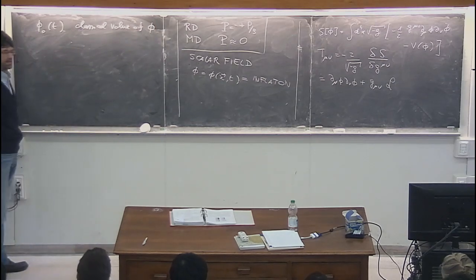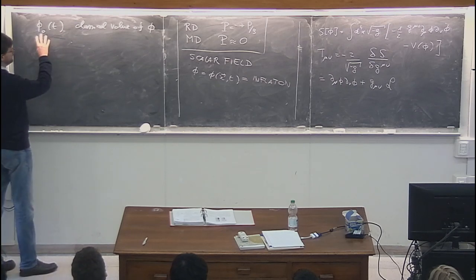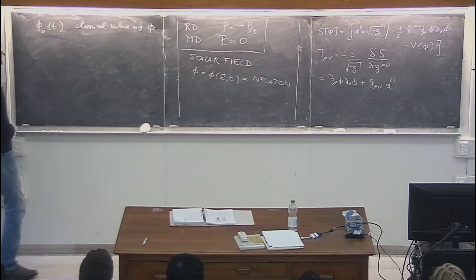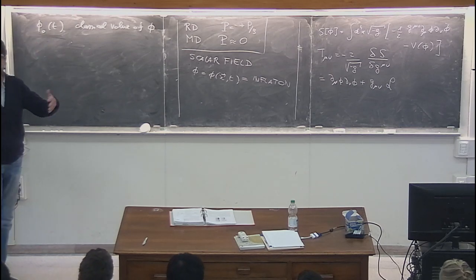If you don't like that, you can think of it as the average of the phi of x and t over some given volume. I'm only interested in the time dependence, not the space dependent part of the scalar field, because I want to look at the background evolution of my system.